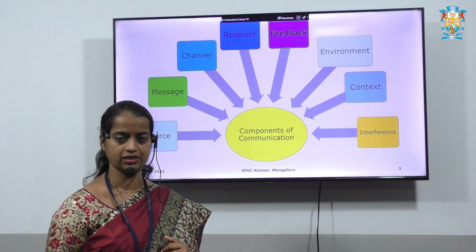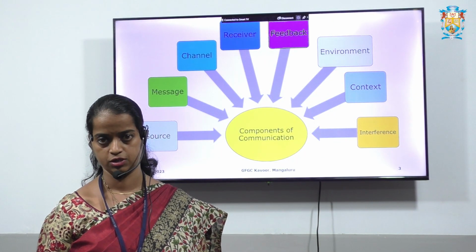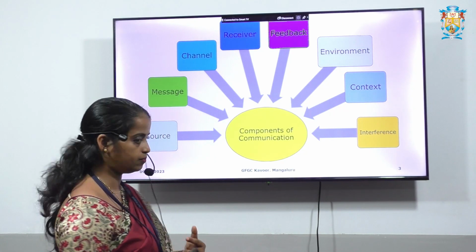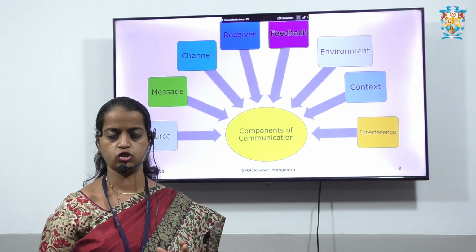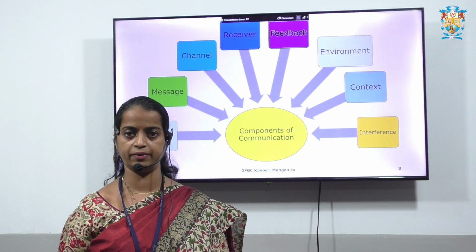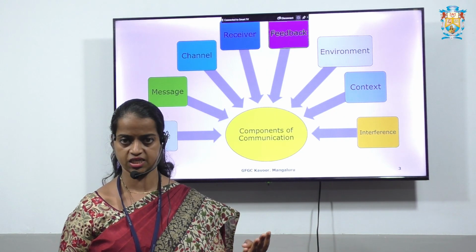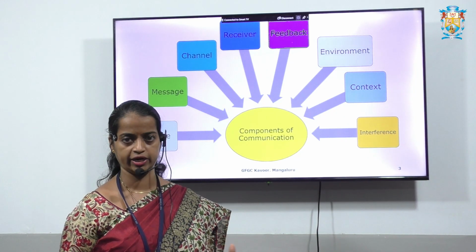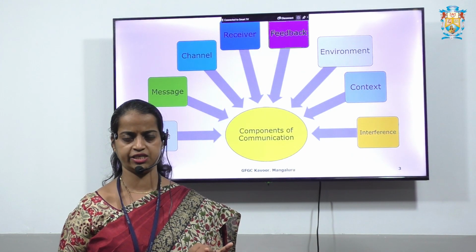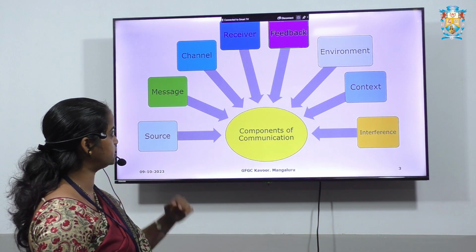Next is the message. The information I have collected from the source should be communicated in the form of a message. The message should go through the channel: from the sender to the middleman to the receiver, or from the sender directly to the receiver. Altogether this, from the sender to the middleman or agent to the final person, we call a channel.